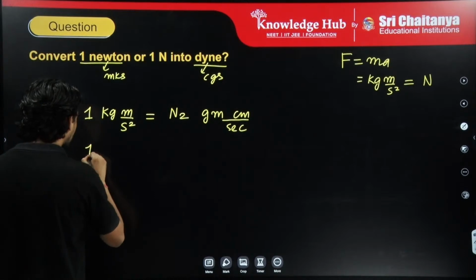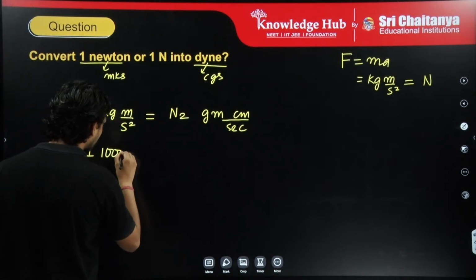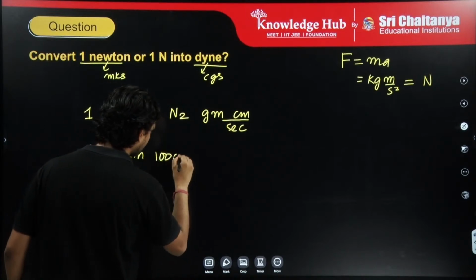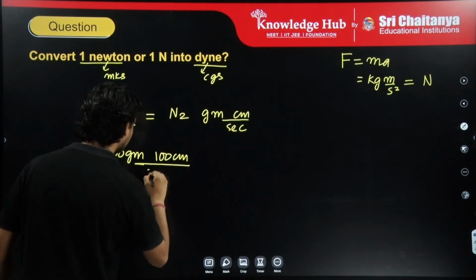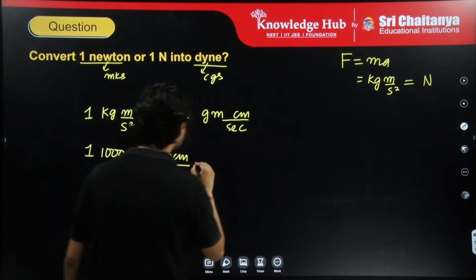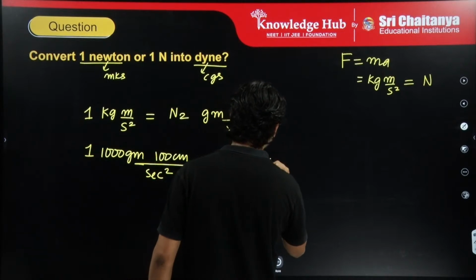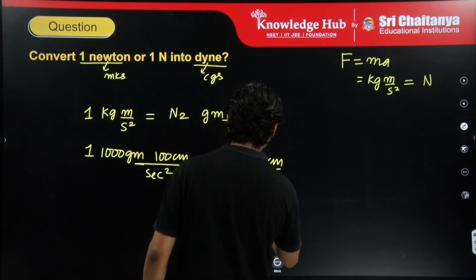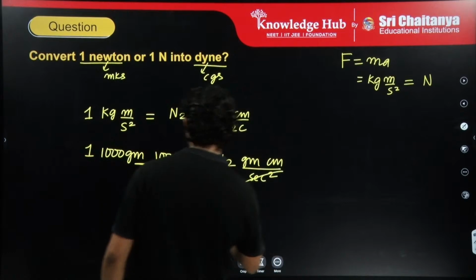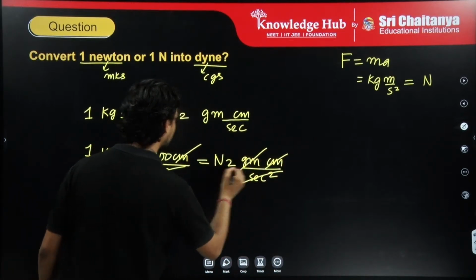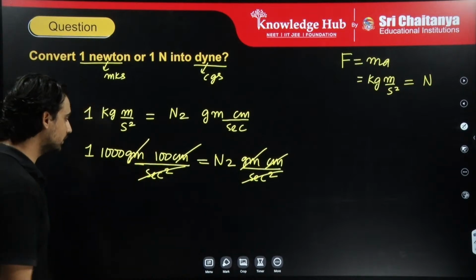I'll say 1 kg is equal to 1000 grams, meter is equal to 100 centimeter upon second square is equal to n2 into grams into centimeter upon second square. So the second square cancels with the second square, this centimeter cancels with the centimeter, and this gram cancels with this gram. So what do I have?